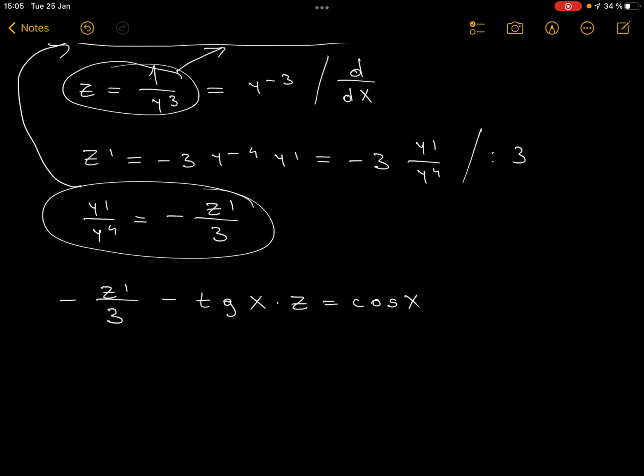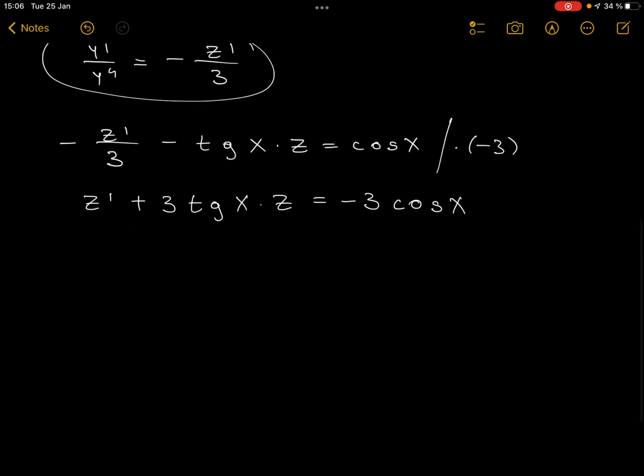Now, of course, we'll have to multiply both sides by negative 3. We want to have our z prime as it is. So we'll get that z prime plus 3 times tangent x times z is equal to negative 3 times cosine of x.